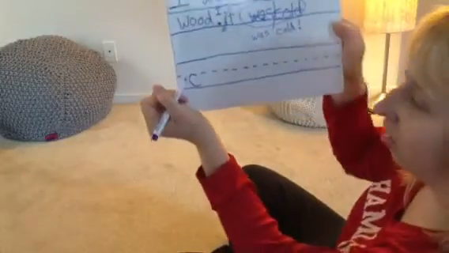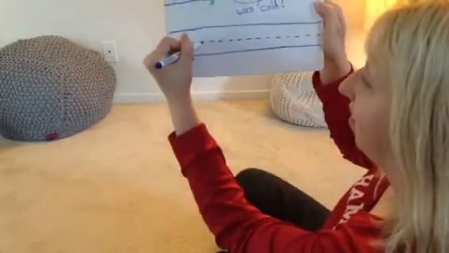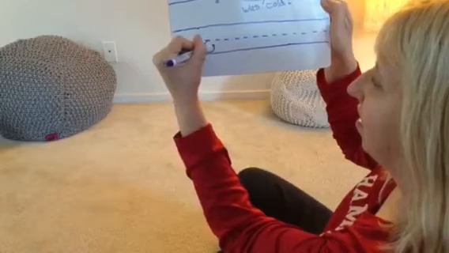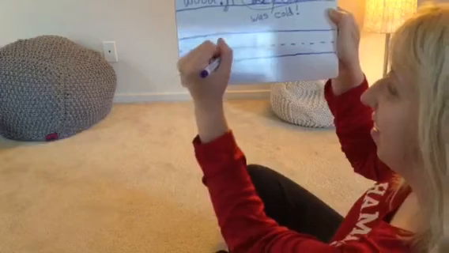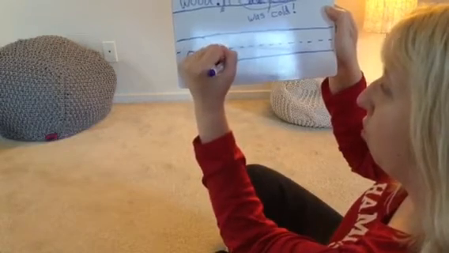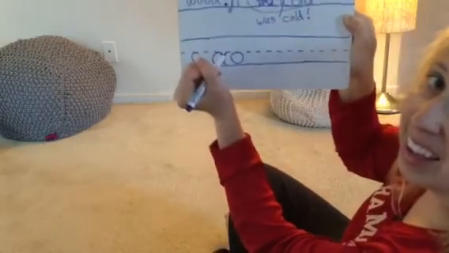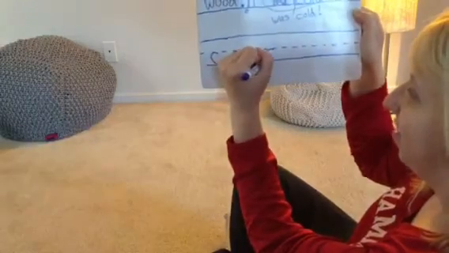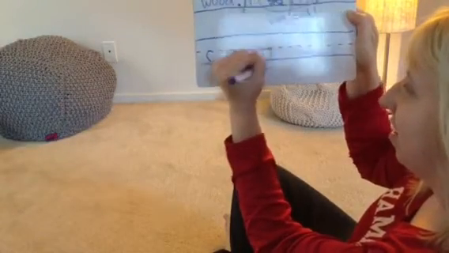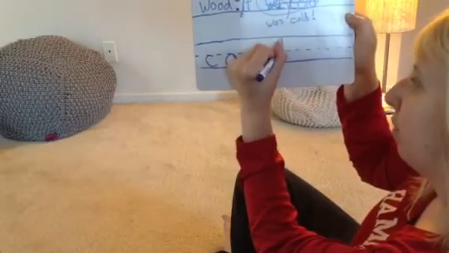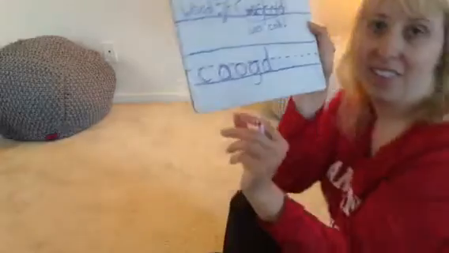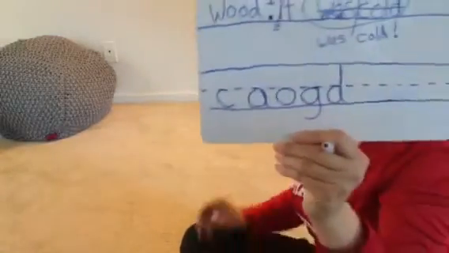So C is a magic C letter, but so is A and O and G and even D, because the first step of all of these letters is making that magic C shape.